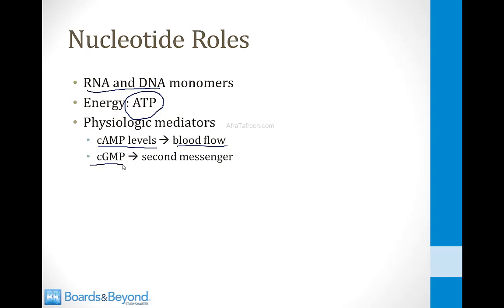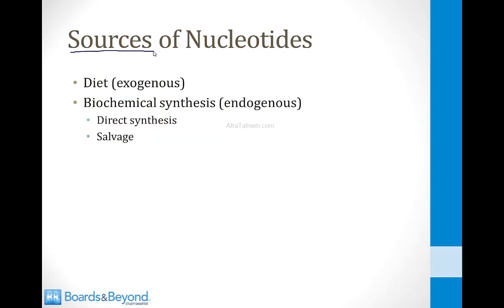Cyclic GMP also serves as a second messenger, and interestingly, it is usually the purines, adenosine and guanosine, that serve as second messengers. We don't often see second messenger systems of pyrimidines like cytosine and thymidine. So let's talk about the sources of the nucleotides that our body uses for all the things we just talked about. Well, you can get nucleotides from your diet. These are called exogenous nucleotides.